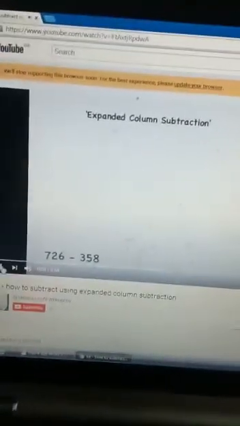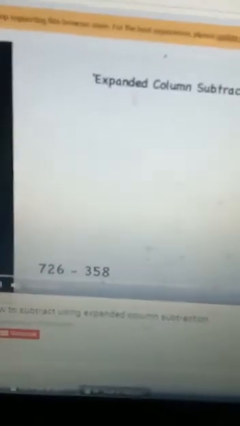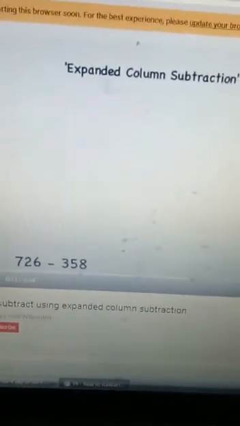Column subtraction. On the screen you can see a subtraction. 726 take away 358. To begin, I'm going to expand or partition these numbers into their hundreds, tens and units.